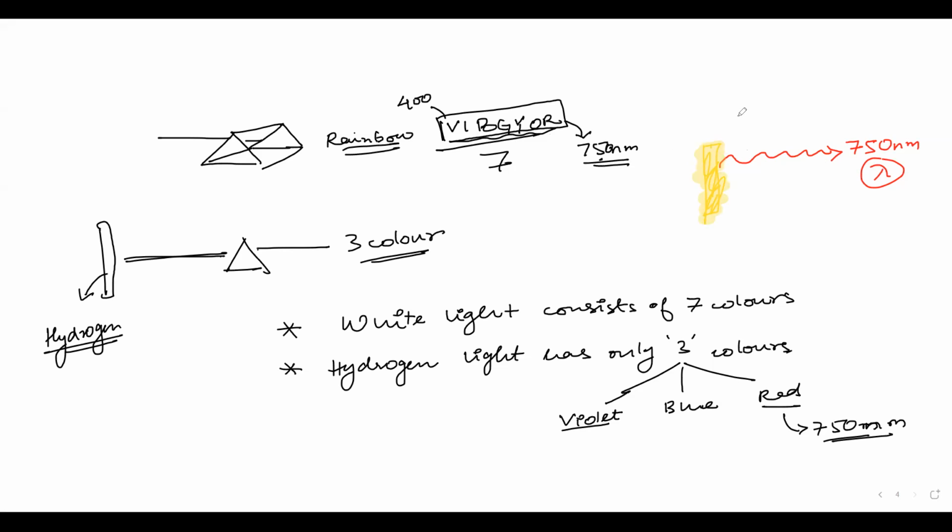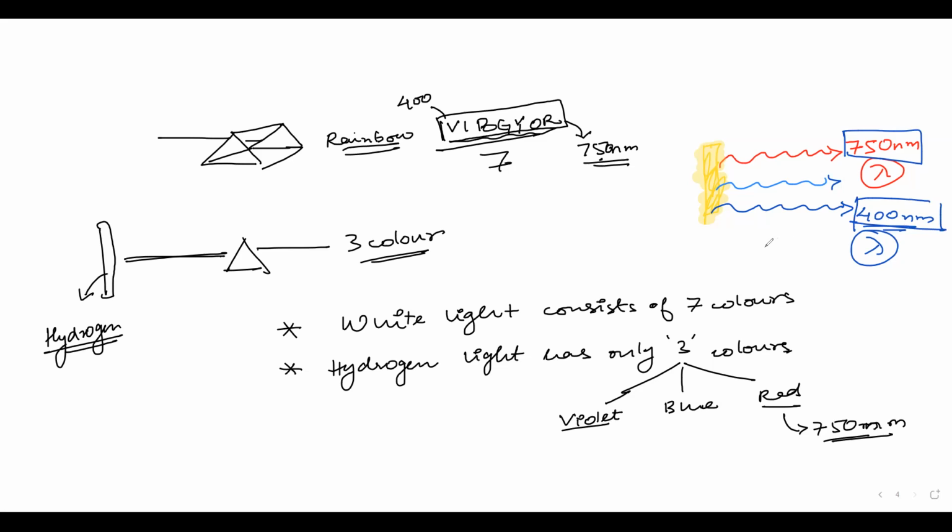Now, there are also some other lines, for example some blue lights and some deep blue light. Let us say this deep blue light has a 400 nanometer wavelength. There is a specific wavelength here, and a specific wavelength here.